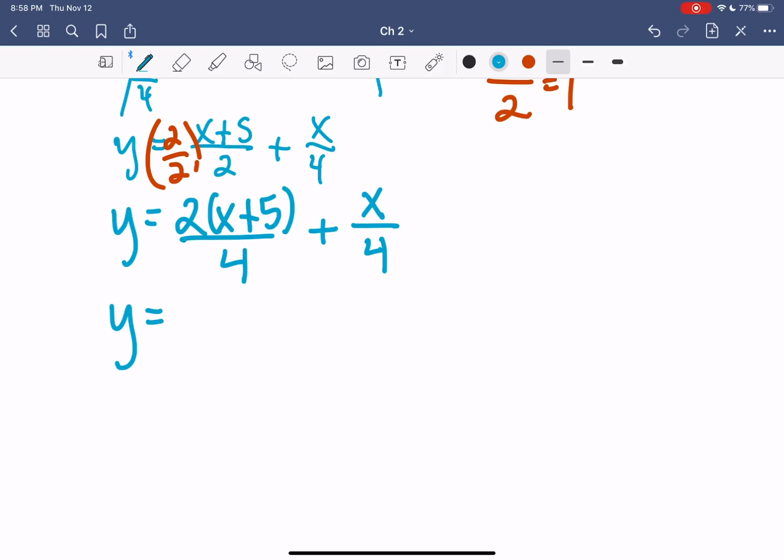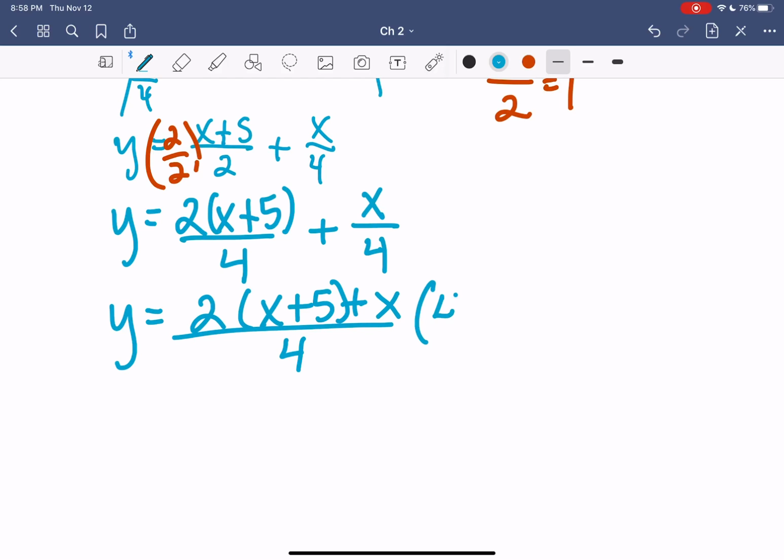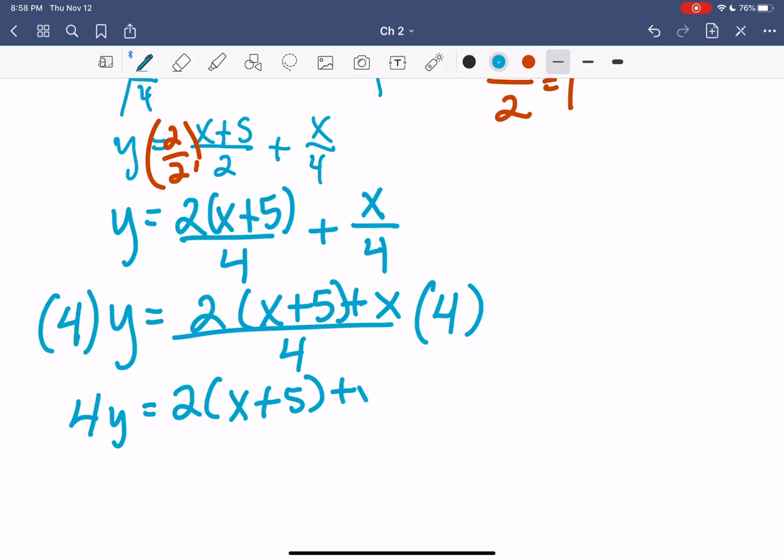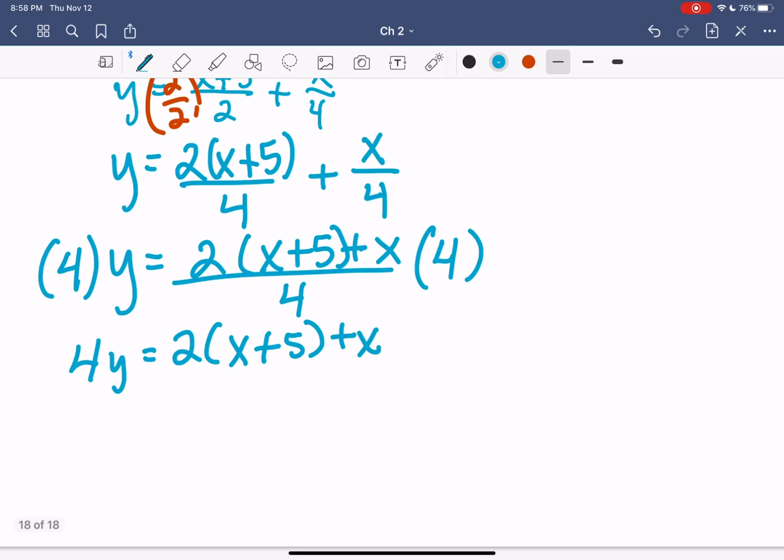Y equals, okay, 2 times x plus 5 plus x over our common denominator of 4, which we are going to happily multiply on both sides and get 4y equals 2 times x plus 5 plus x. Okay, cool. Now I need to distribute so that I can combine like terms.